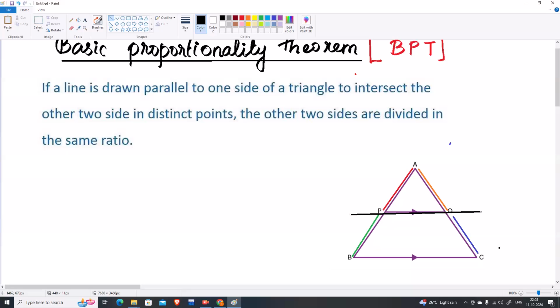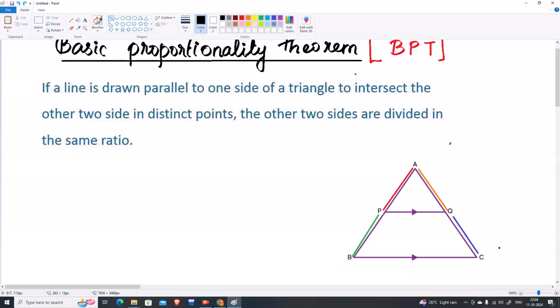That line PQ is parallel to BC. So it is given that PQ is parallel to BC. If it is parallel, we have to prove the other two sides are divided in the same ratio.